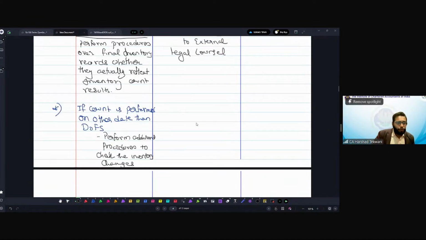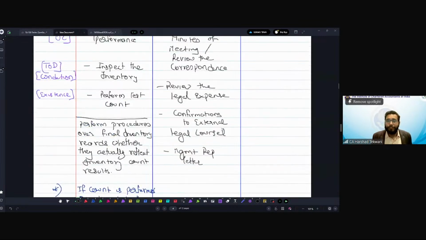Plus, most important, the management representation letter. That is a written representation we are required to obtain. Now the question is, if management doesn't give you permission to review any of these things.